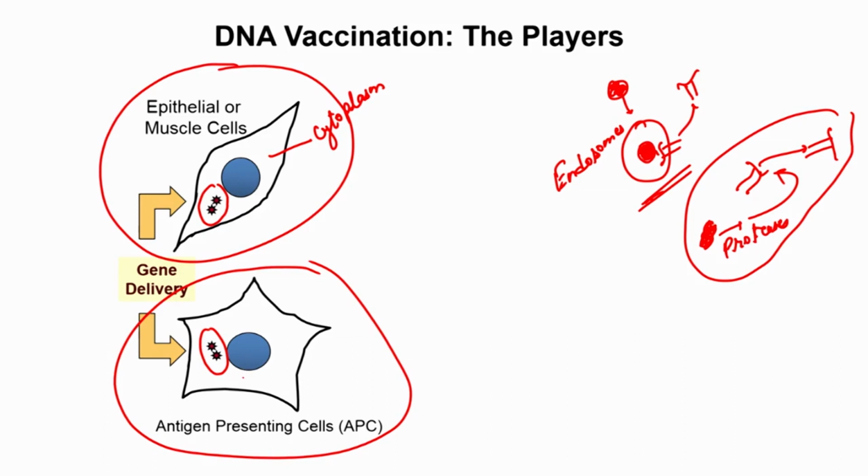If it is an intracellular pathogen, you expect the pathogen to have all its protein, all its antigen, in the cytoplasm, and that is what you are trying to mimic here.